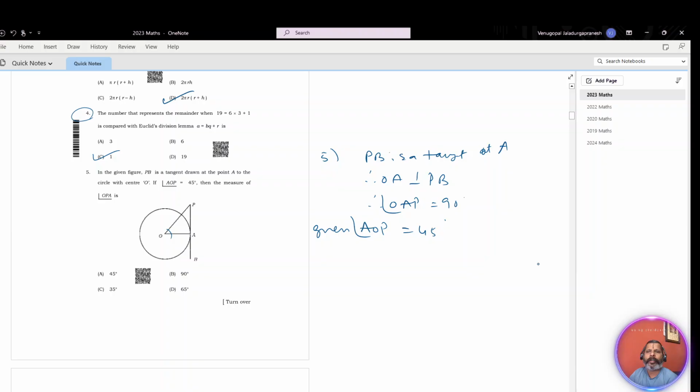Therefore, OPA is equal to 180 minus 90 plus 45, angle sum property of triangle. So this comes to 45 degree, which is the answer. A, 45.